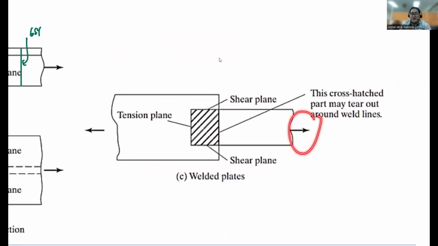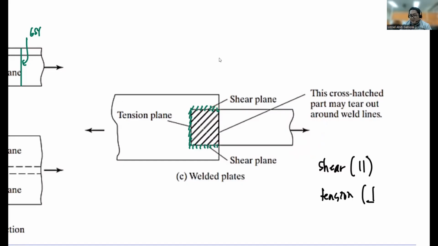We have an applied loading and the welding, so let's say the connection is welded at this portion. Again, when we say shear plane, remember that with shear we are always talking about an area parallel to our loading. So this is our loading, and this segment, which is parallel to our loading, in the same direction, is our shear plane. When we say tension, the cross-sectional area is perpendicular to our loading. So this is our loading, and the perpendicular area is this end.